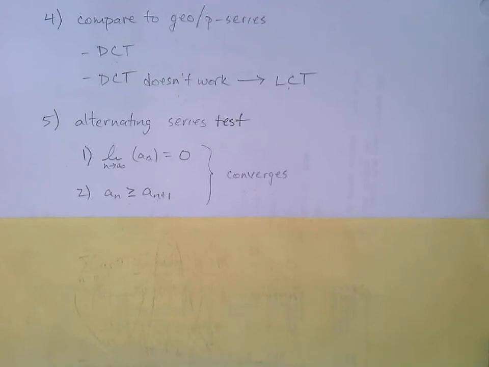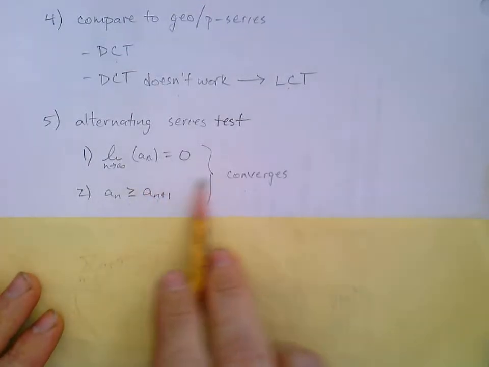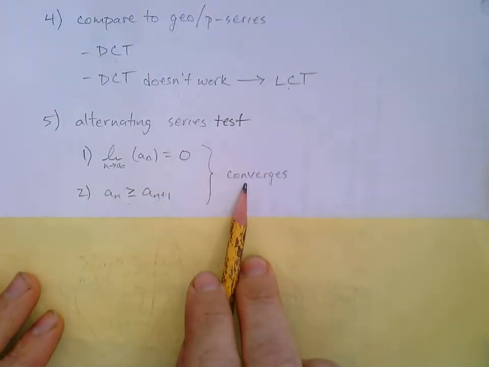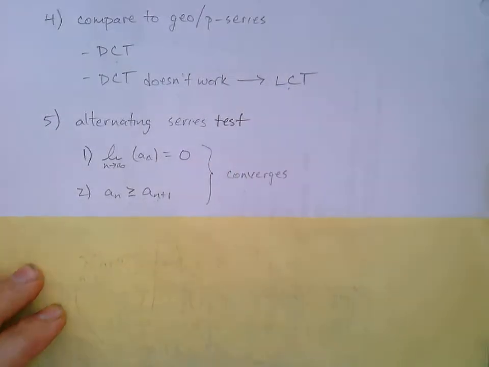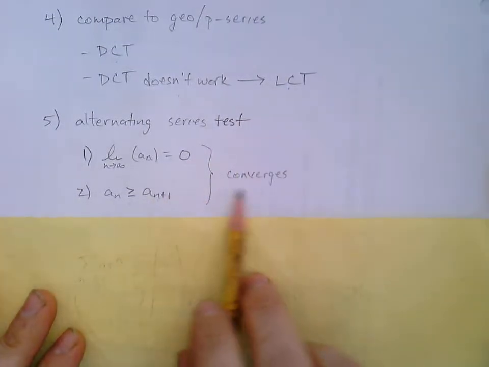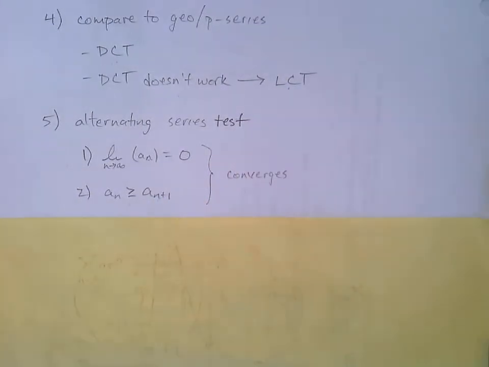One thing we have to say about the alternating series test: you can only show that a series converges. The alternating series test can only result in converging. You think, well, is it possible to use it to show something diverges? Technically, no. You cannot use the alternating series test to show that something diverges.